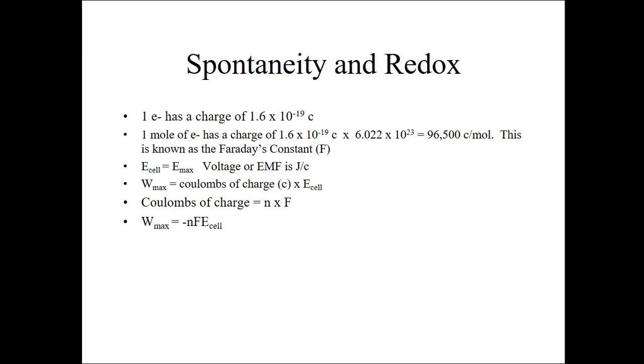If there's not energy to do work, the process will be not spontaneous. It turns out that delta G and W max, the maximum amount of work required to move the charges through the cell, are basically one and the same. And so delta G is equal to minus NFE of the cell. So as we said, delta G is equal to negative NFE of the cell.